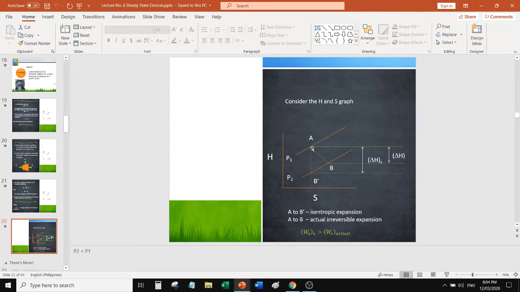So this process A to B prime would be an isentropic process, because the entropy S at A and at B prime is the same. Since it is on a vertical line, the entropy is the same.